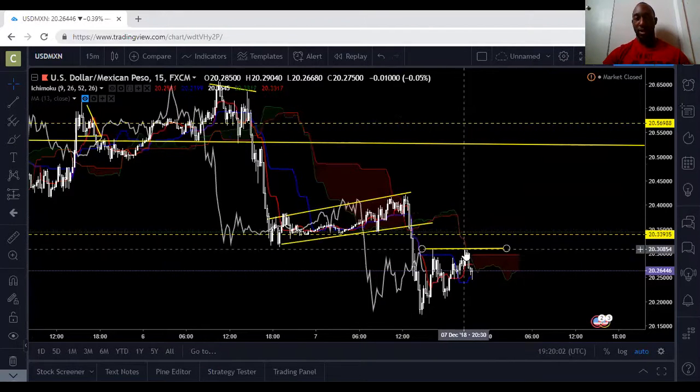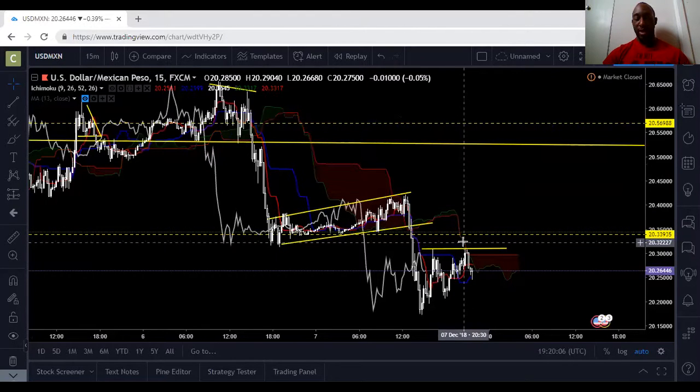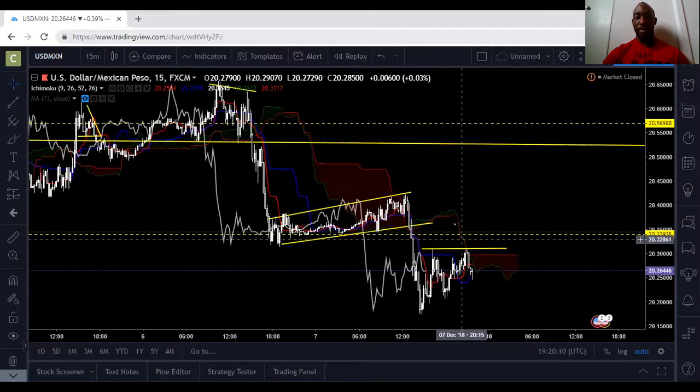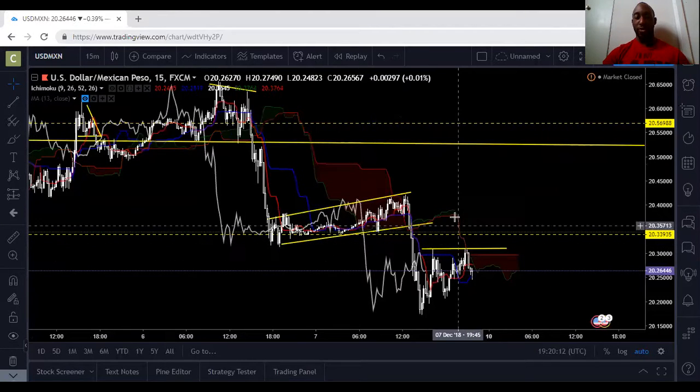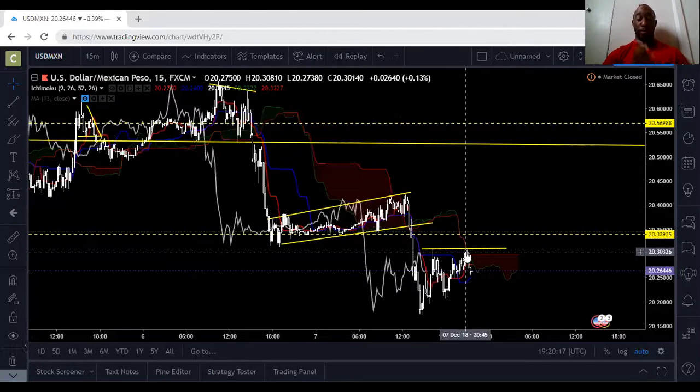But also see here, whenever you see that the cloud is thinning, be wary of that, only because it shows that the momentum of the market, the trend, is starting to slow down or weaken.